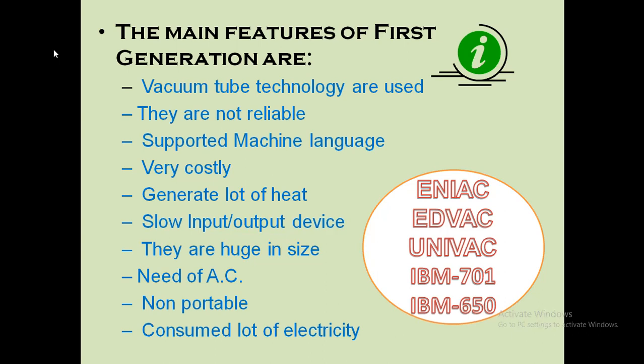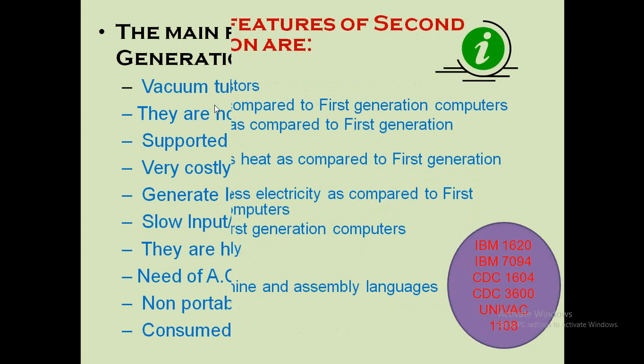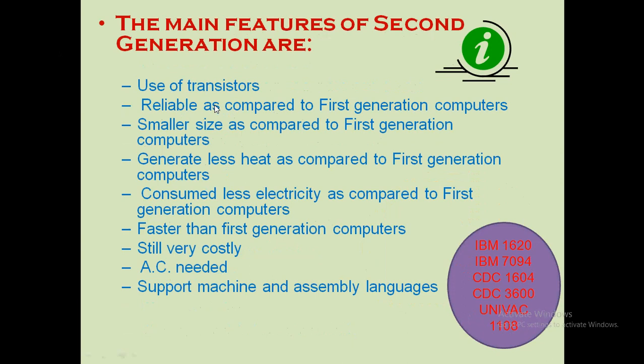Now let's talk about the features of second generation computers. In second generation computers, we used transistors in place of vacuum tubes. They are reliable as compared to the first generation computers, and they are smaller in size.